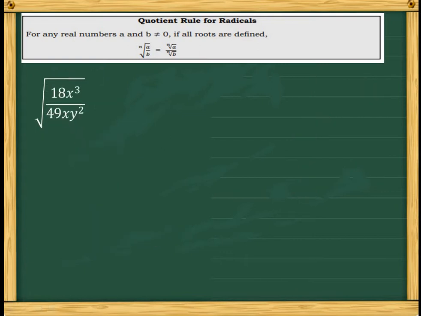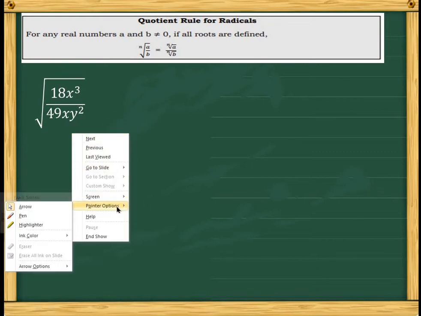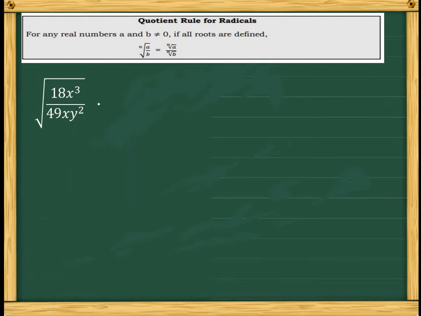Next, let's have this next example. So again, they have same index, so we can write this one in this form. This is the square root of 18x cubed all over square root of 49xy squared. So factor natin sa 18, that is 9 times 2, 3 times 3.